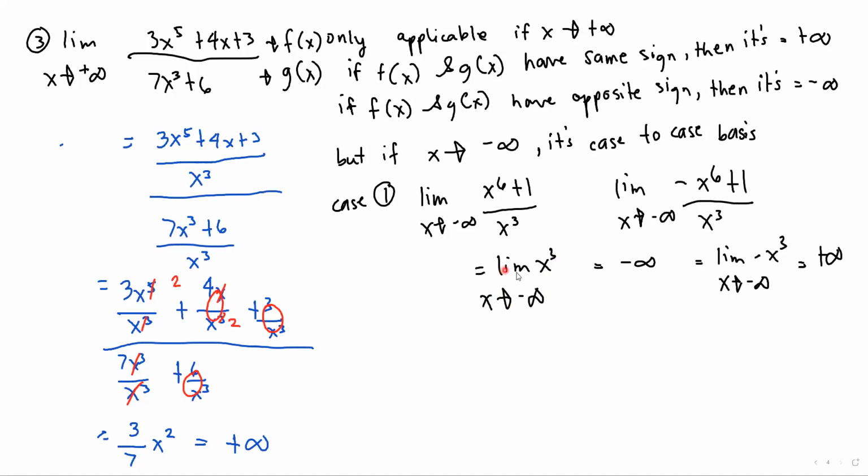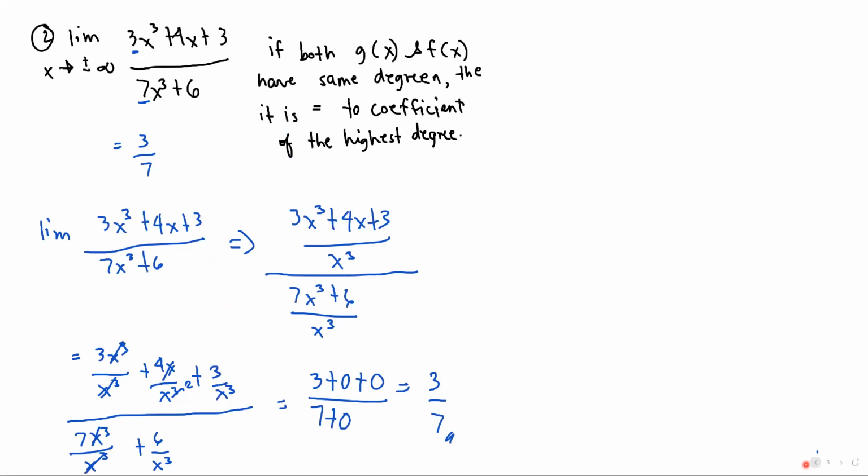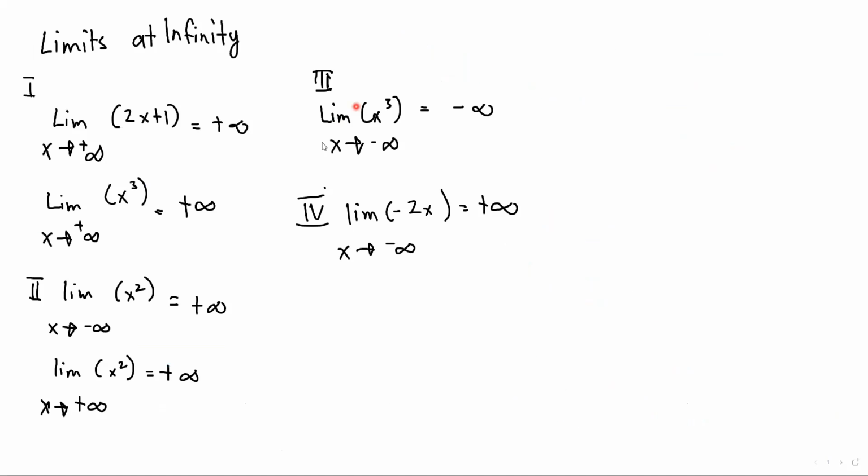Babalik tayo ngayon sa properties ng limits natin. Limit of x cubed as x approaches to negative infinity is equal to negative infinity. Pinapakita lang dito, if exponent is odd and x approaches to negative infinity, then it's equal to negative infinity.